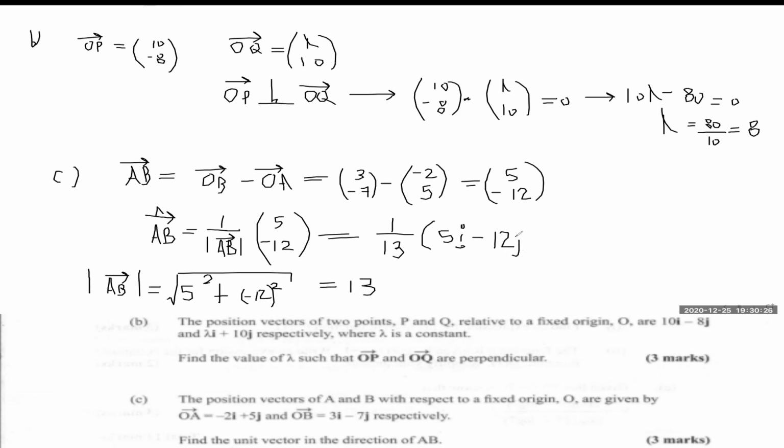If you want to actually divide everything by 13, you could leave it as 5 over 13 i minus 12 over 13 j. It doesn't matter how you leave it, but this is the unit vector. Nice and easy.